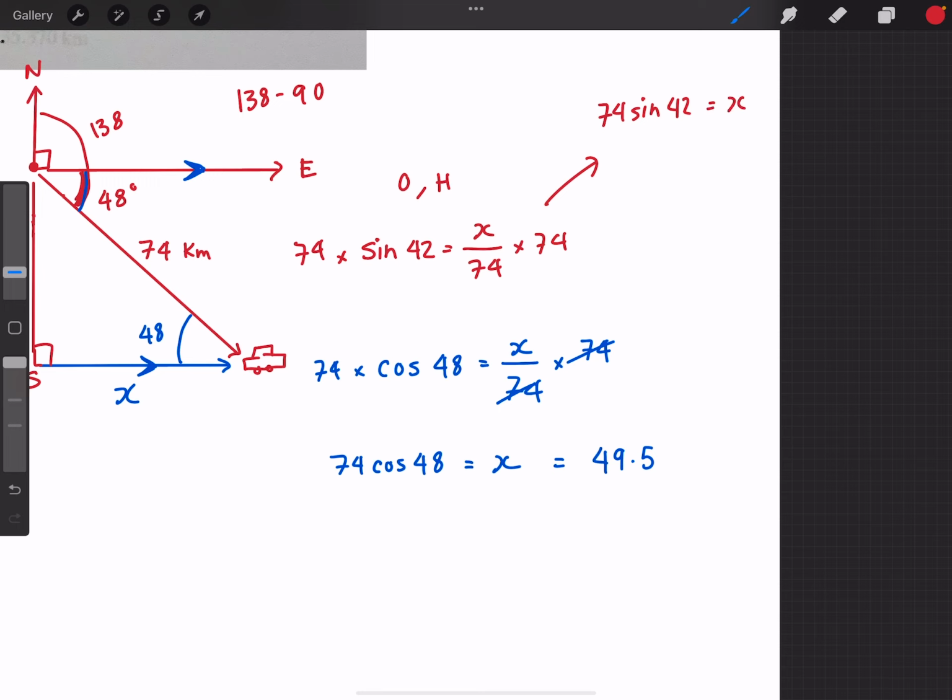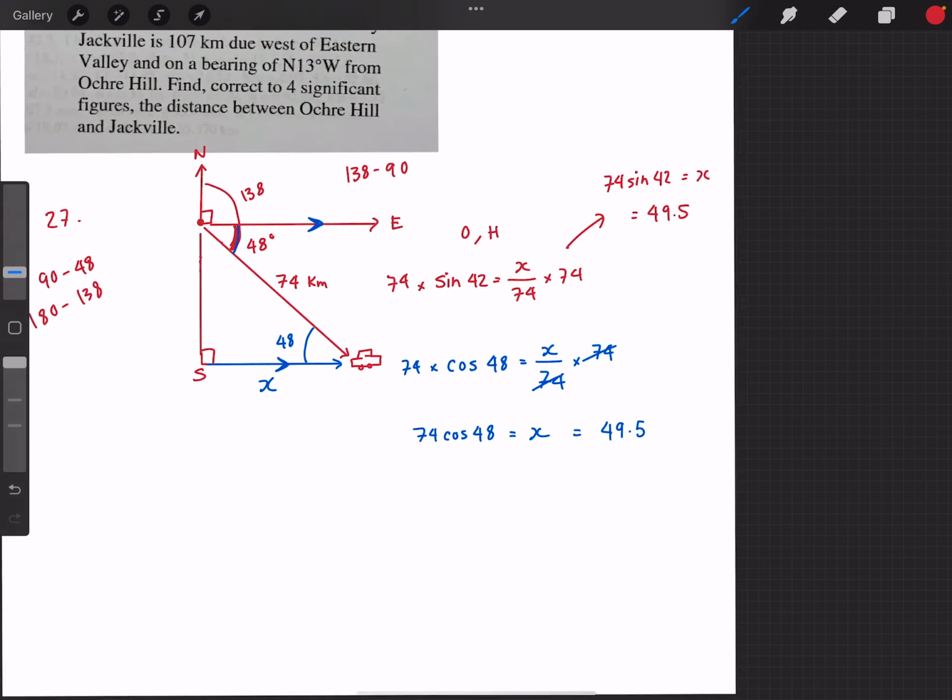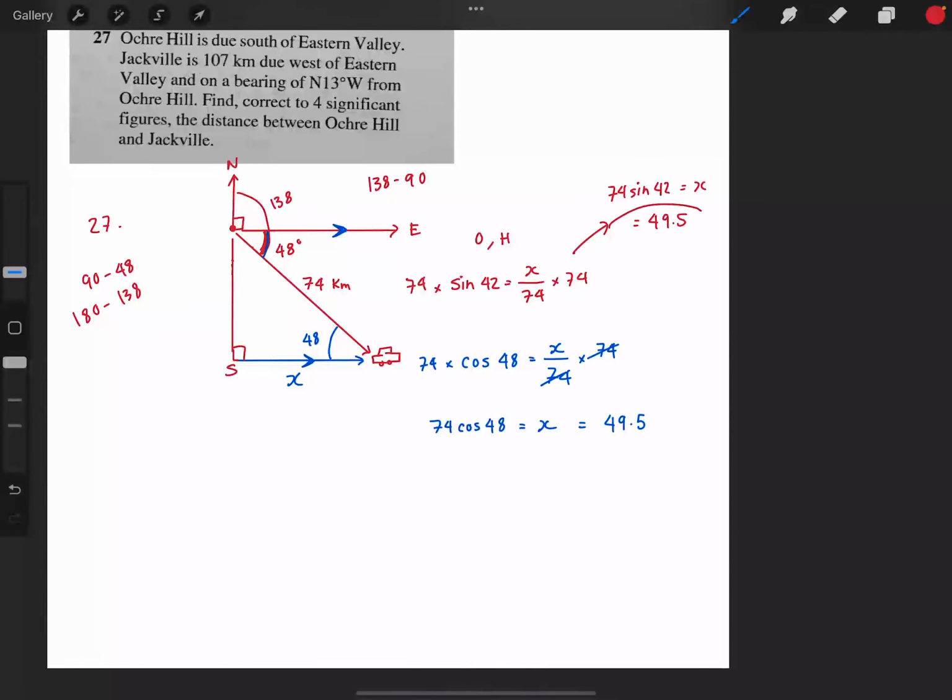So put that into the calculator and see what you get. 74 sine 42, and again you're gonna get the same thing, 49.5. They're exactly the same answer. Okay, so whichever method you use, you're gonna get the same answer, and this will be kilometers.